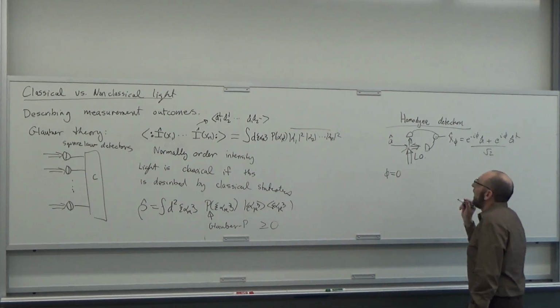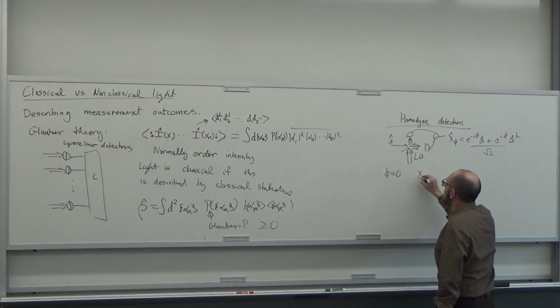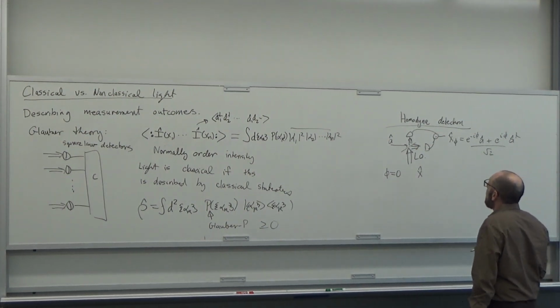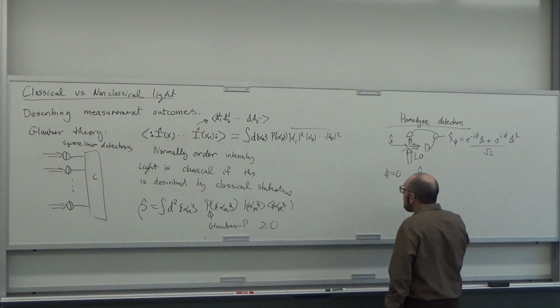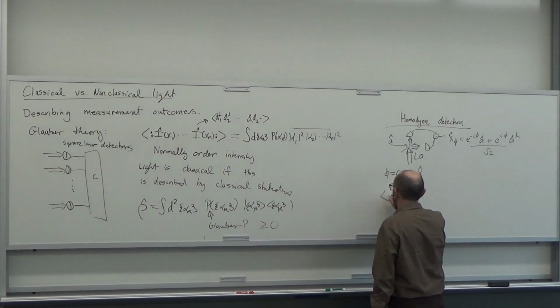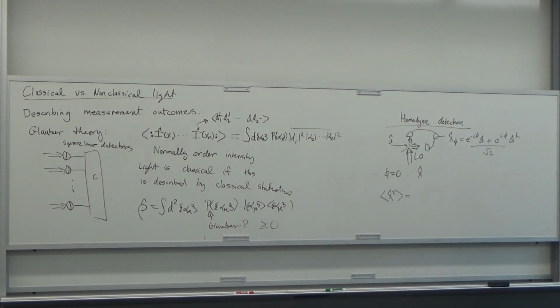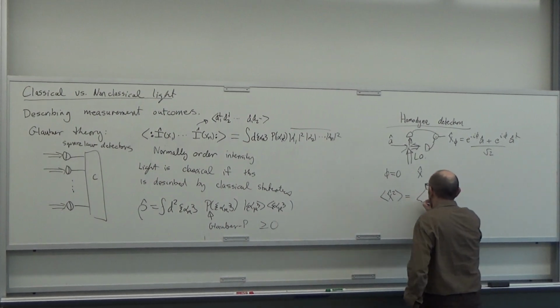I'm measuring the quadrature x. Then suppose I wanted to look at the fluctuations on average, or x squared. This is this object.